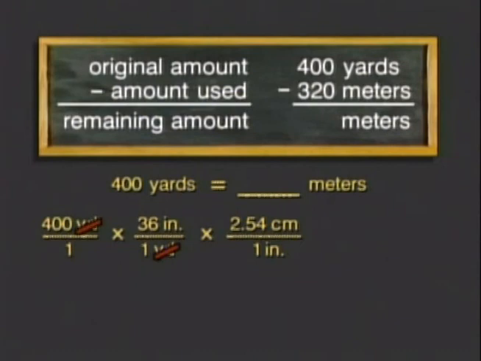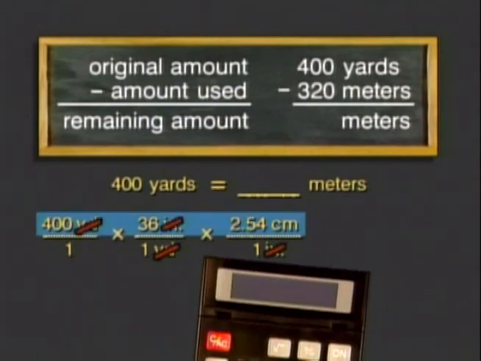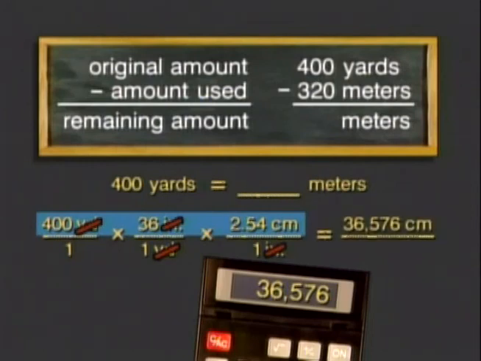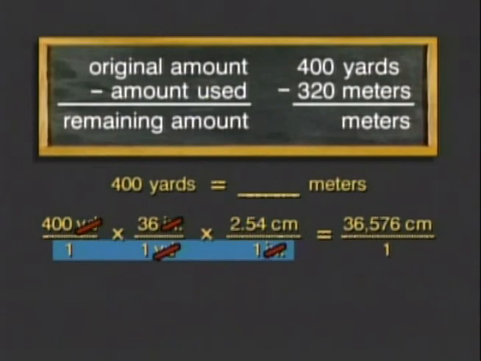Cancel yards and inches. Next, multiply. In the numerator, multiply 400 times 36 times 2.54 centimeters. The product is 36,576 centimeters. The denominator is 1.